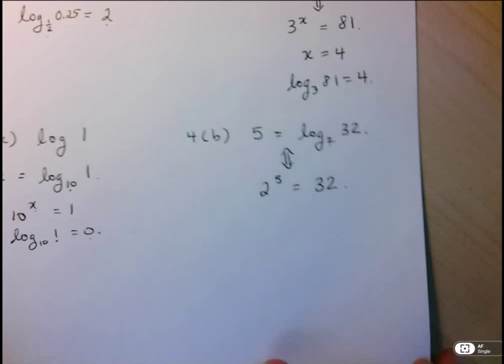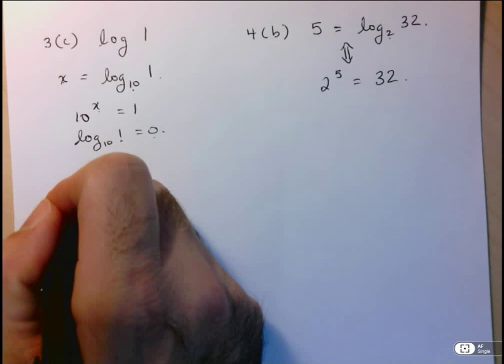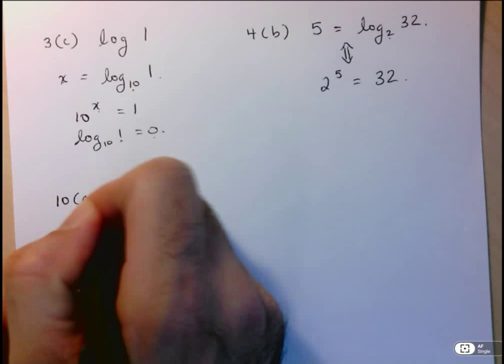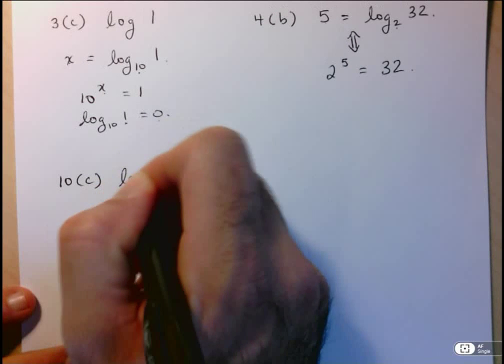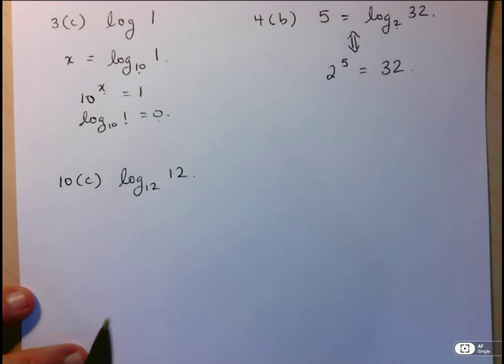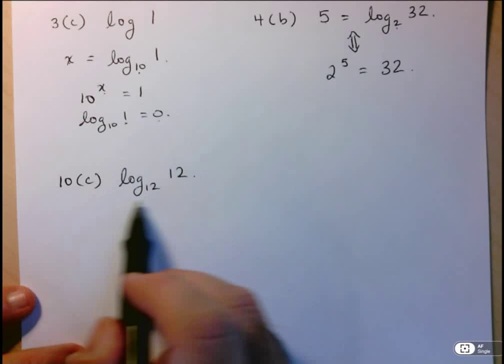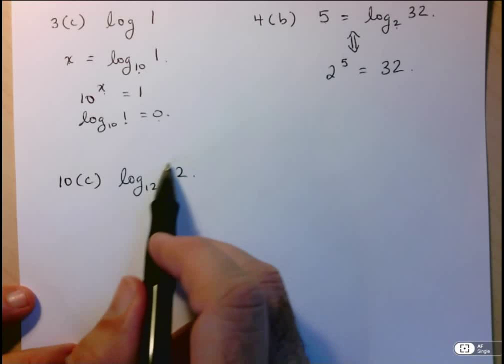All right, let's move on to number 10. Let's do an example of those. So we'll do 10c, which asks us to evaluate log base 12 of 12. Now here again, remember what this expression represents. It's the exponent of 12 that gives you the result 12.